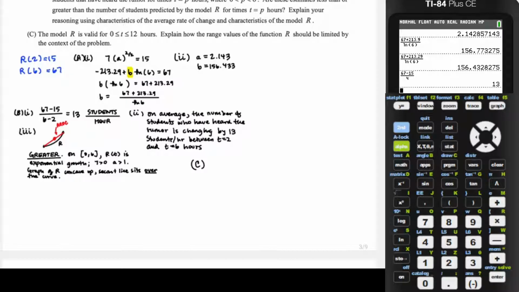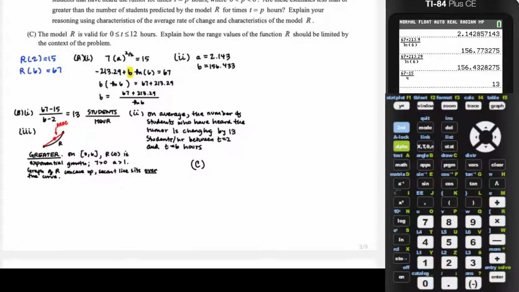And there's obviously an upper limit on the number of students that could possibly have heard the rumor, right? First of all, there's only so many students at the school. And second of all, there's only so many humans on Earth to have heard this rumor at all, right? I'm not a student at that school, but I've heard the rumor now. There's a limited number of people in the school and on the Earth, and so that's why the range values should be limited by the context of the problem.